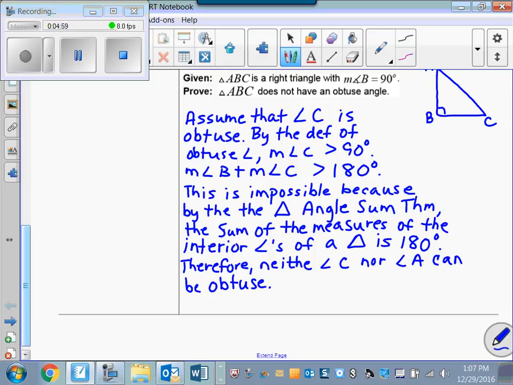That's what I was telling you about indirect proof. When you write these paragraph proofs, it's really kind of up to you how you word it. This is why I prefer two-column proofs, but to end, I'm always just going to say, therefore neither angle C nor angle A can be obtuse, and triangle ABC does not have an obtuse angle.